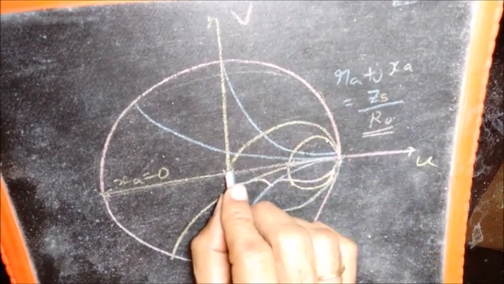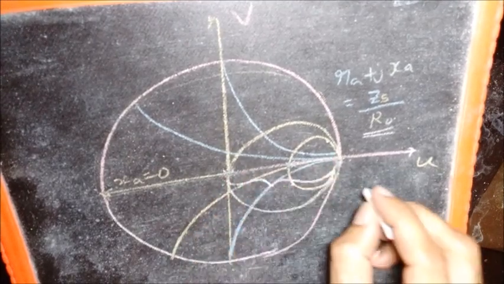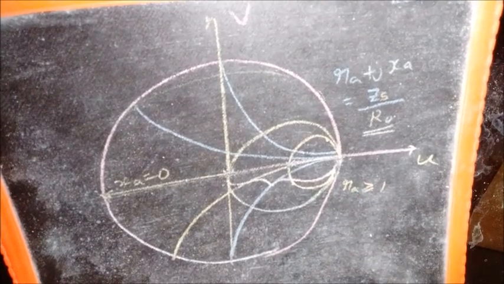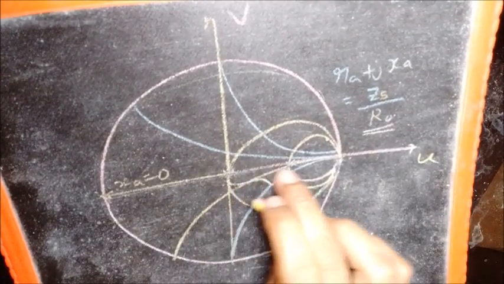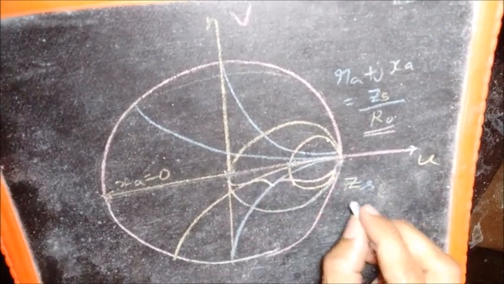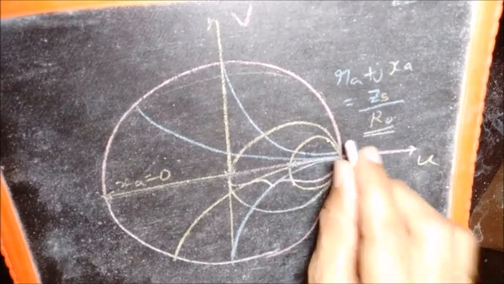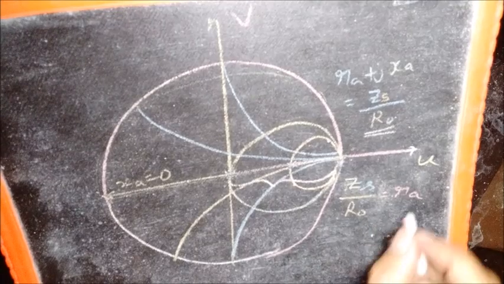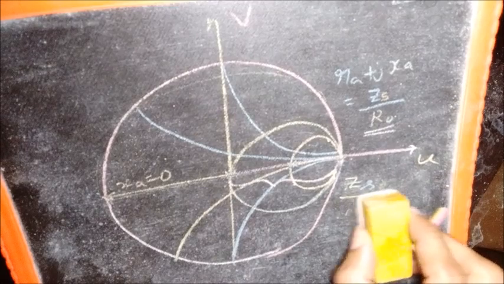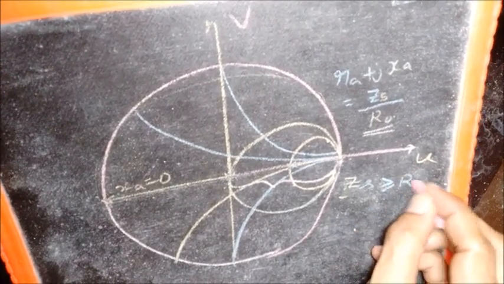So whatever it be, on this radius, RA will always be greater than or equal to 1, which means that ZS will be real, and since this is RA and RA is between 1 and infinity, ZS will be greater than or equal to R0.